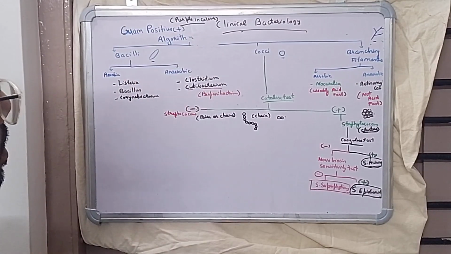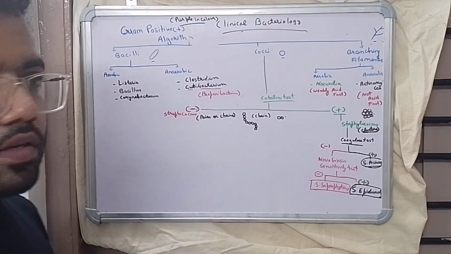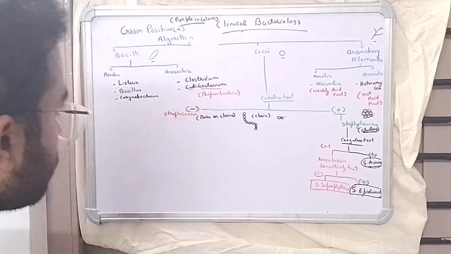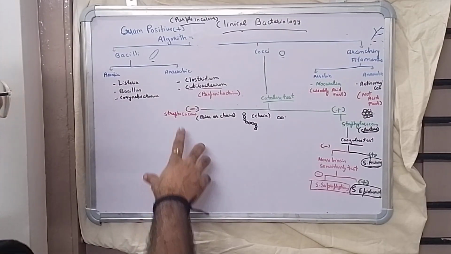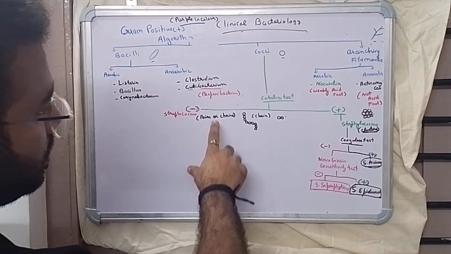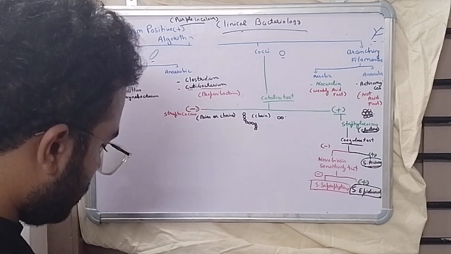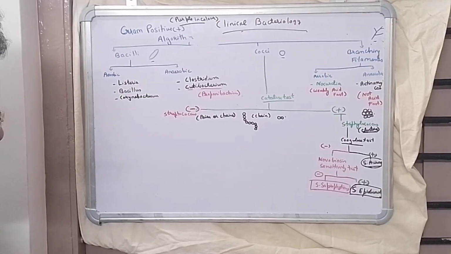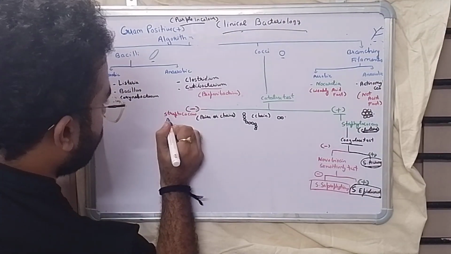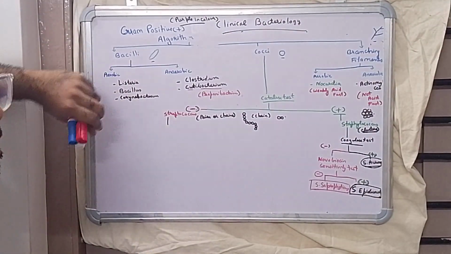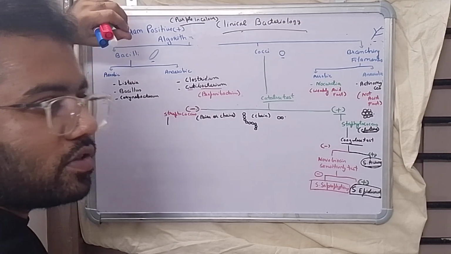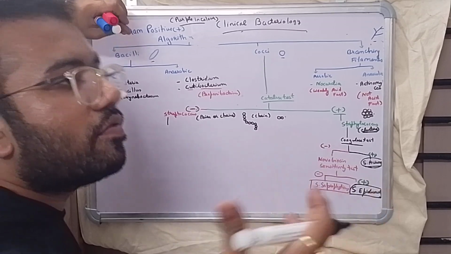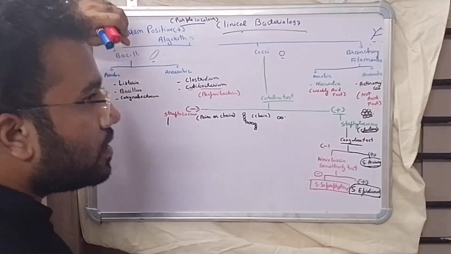Okay, now we will divide Streptococcus, which are basically in pairs or chains, based on hemolysis. So what is hemolysis? It is a breakdown of hemoglobin, in simple words.